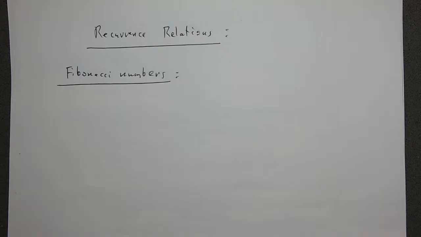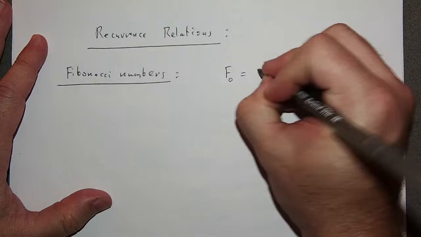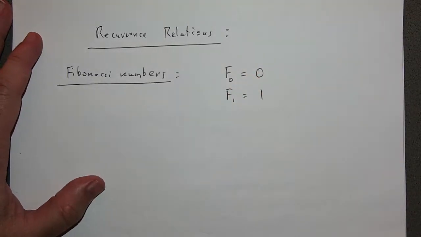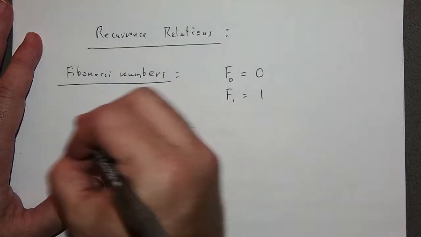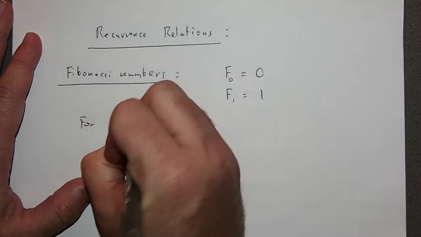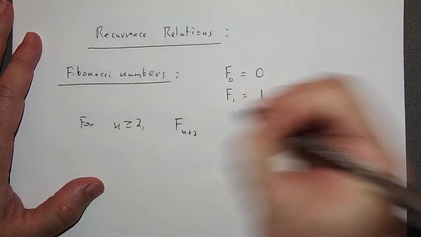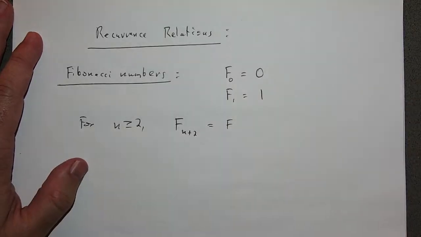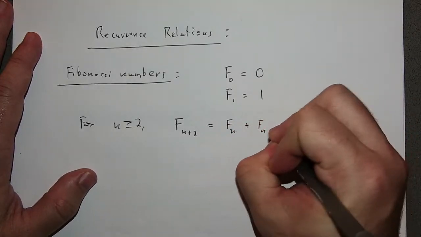We start with 0 and 1. So f sub 0 is 0, f sub 1 is 1. Then, for n greater than or equal to 2, f sub n plus 2 is equal to f sub n plus f sub n plus 1.